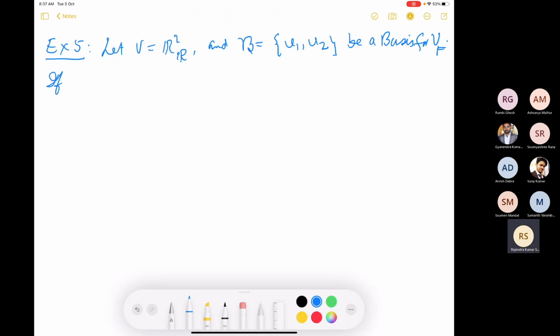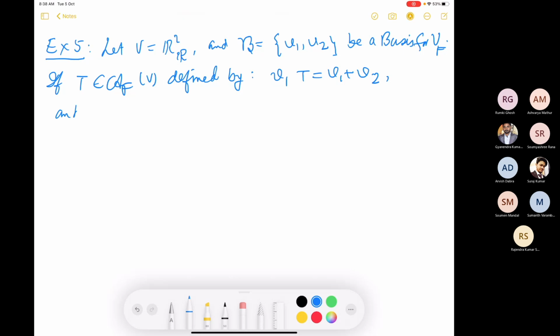So if T is in A(V), that means T is a linear transformation, defined on the basis vectors, say v1T as v1 plus v2 and v2T as v1 minus v2.